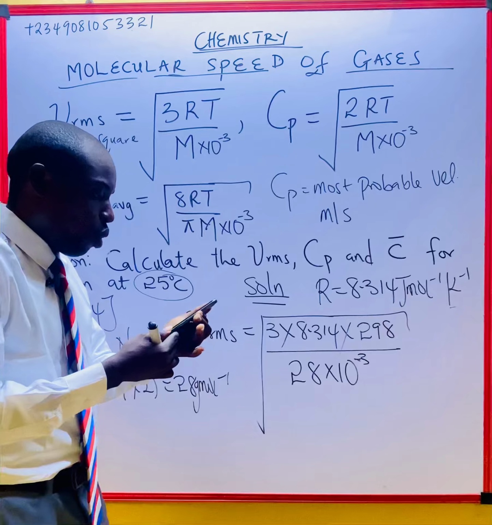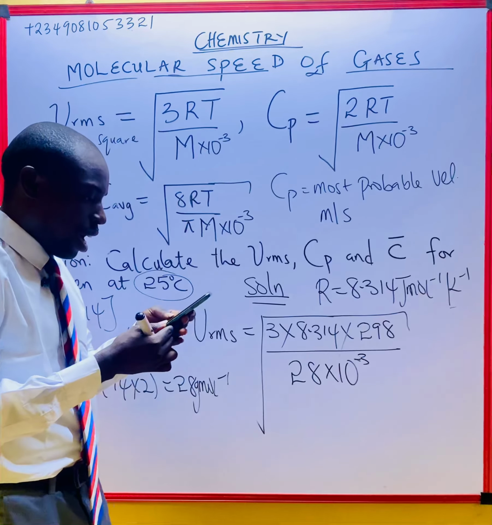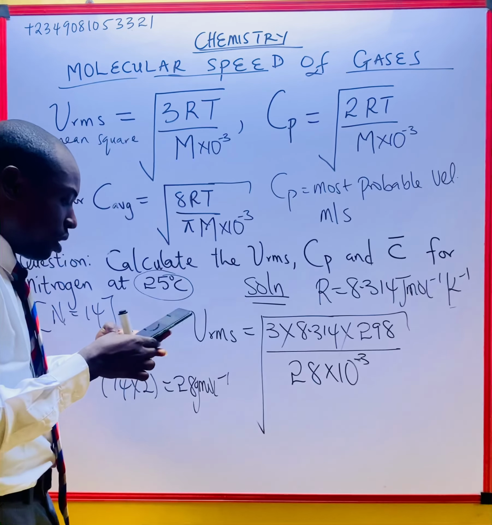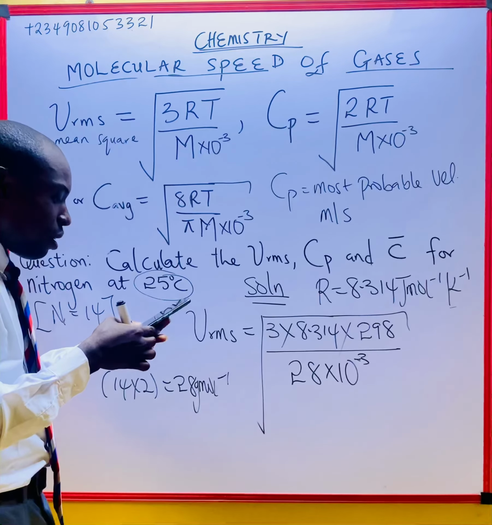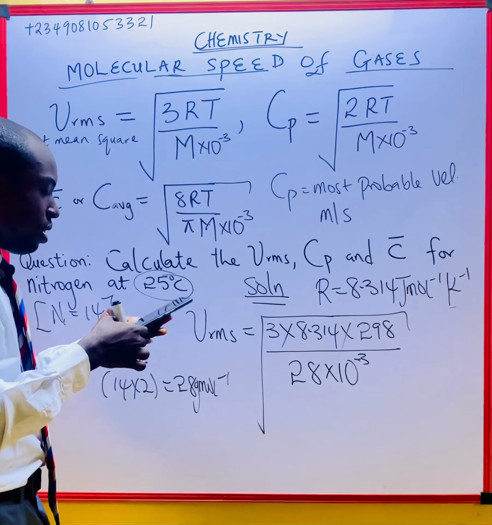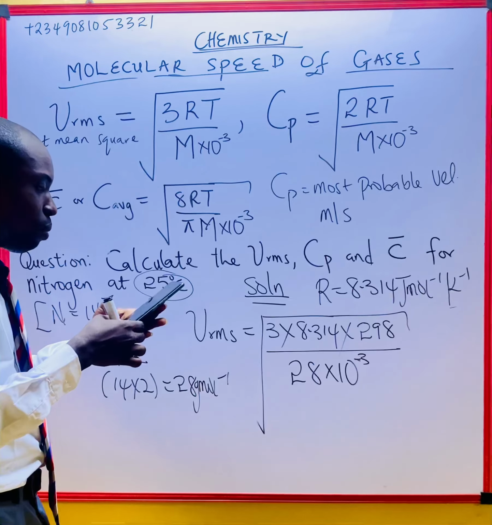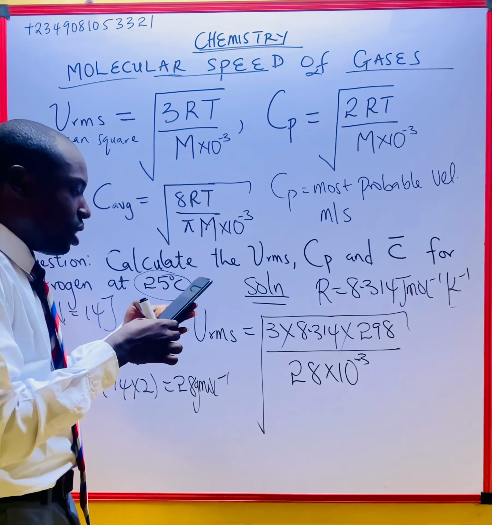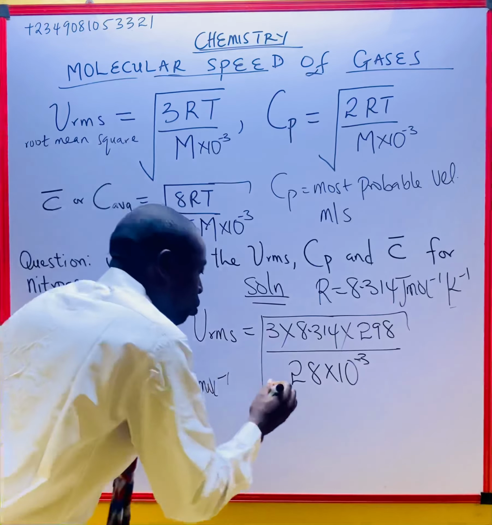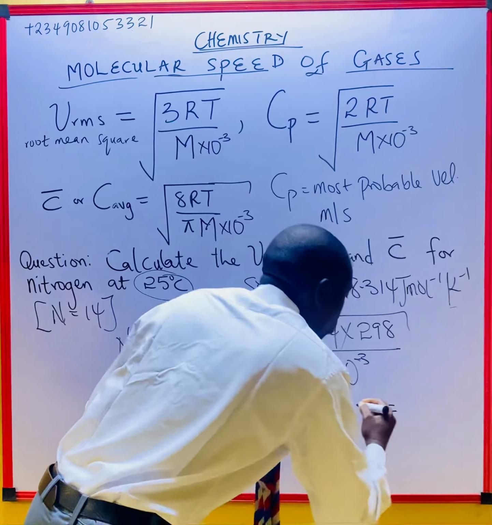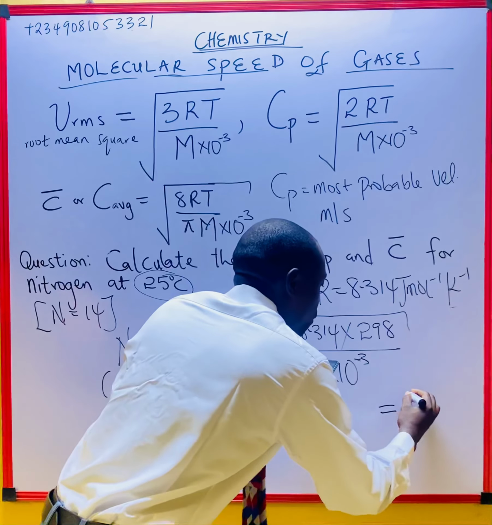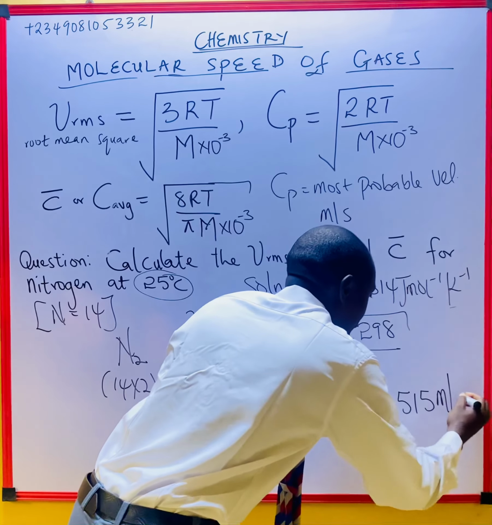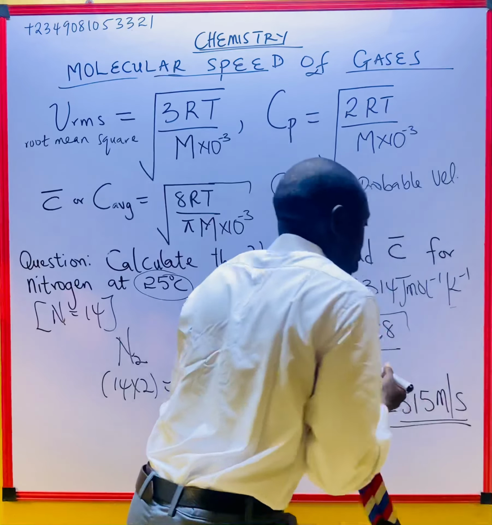So we just move straight away to calculate it. 3 multiplied by 8.314 multiplied by 298, over 28 times 10 raised to power minus 3, and the final answer to that gives 0.15 meter per second.